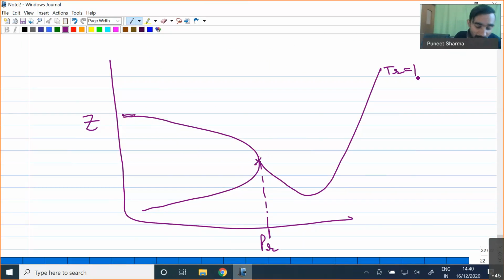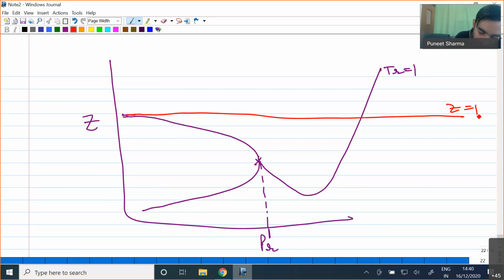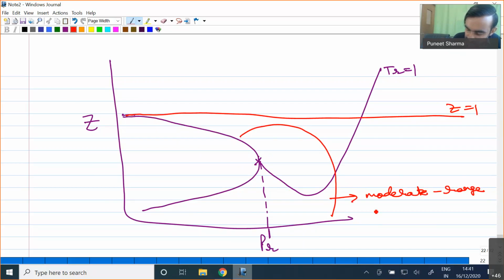In this particular region, we are at a moderate range of pressure.